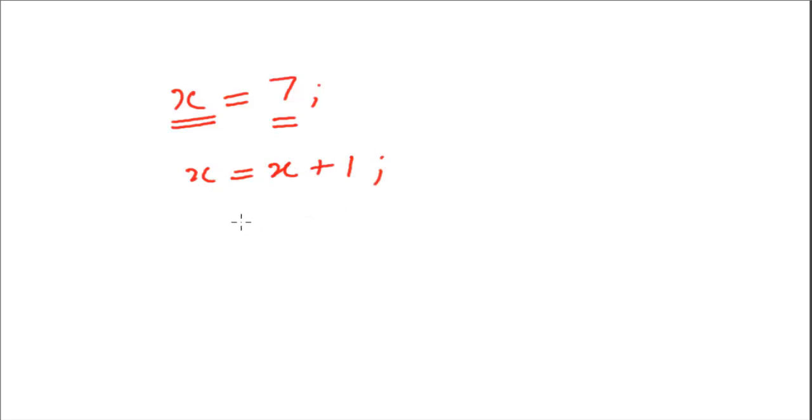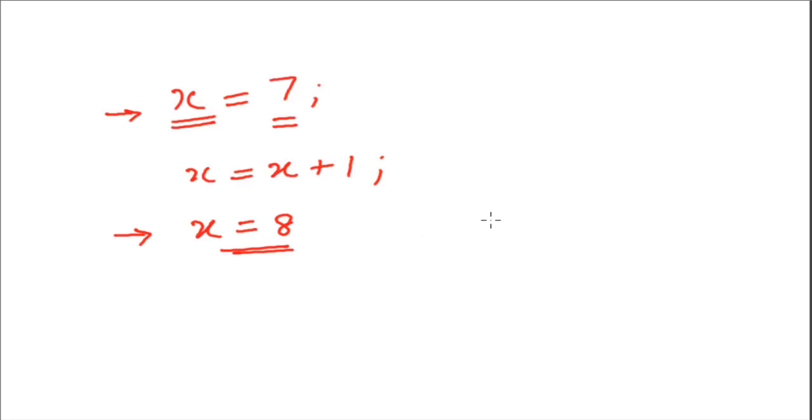That the existing value of x is incremented by 1, is added 1 to it, and then again assigned to x. So that means the value of x would be 8. Right? So you can see that the value of x is being changed from 7 to 8. So it is not a final value, right? That is why we call them variables, because the value can be varied in this storage.